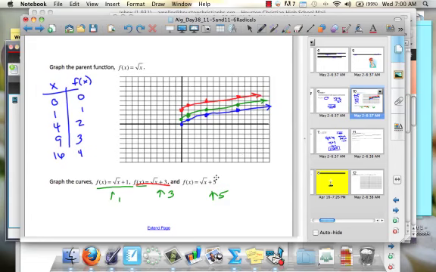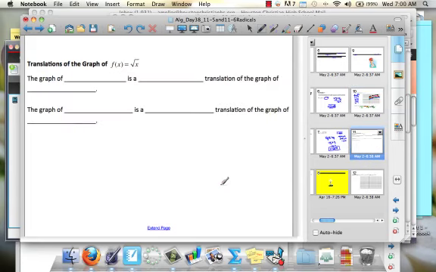And this one, I'm going to take the parent function and go up 5. So 1, 2, 3, 4, 5. Up 5. There we go. Those are our different functions that we've got down there.